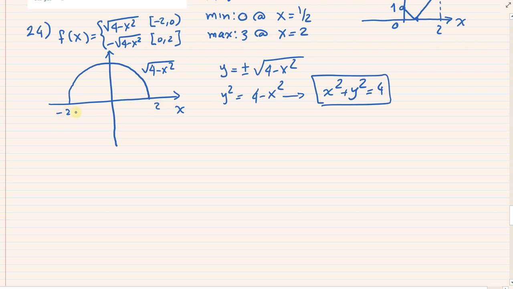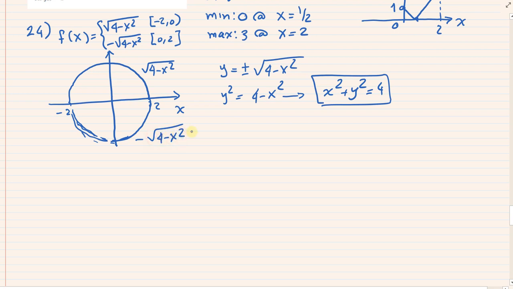And the lower part of the circle is this one, right? And that lower portion is given by the negative square root. So this is negative root 4 minus x squared.